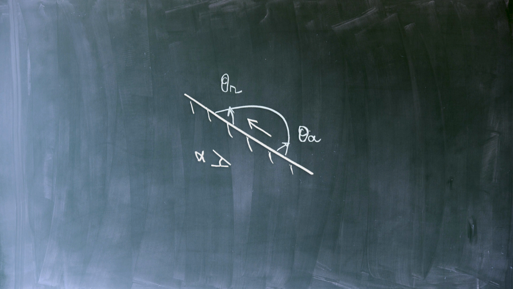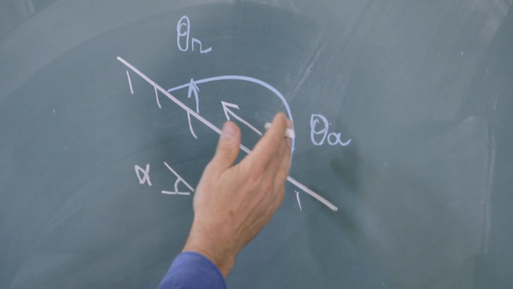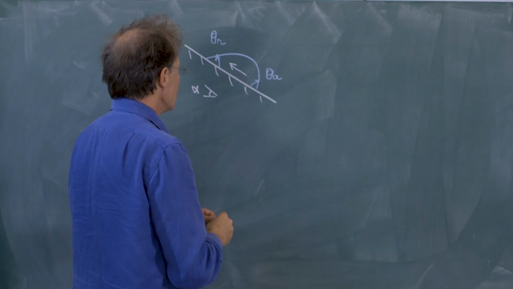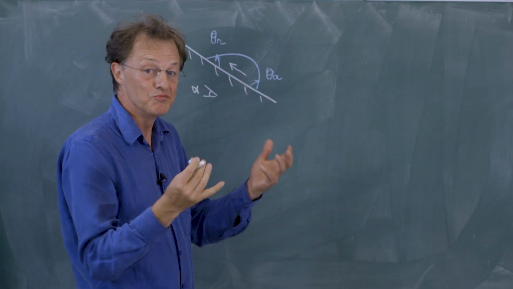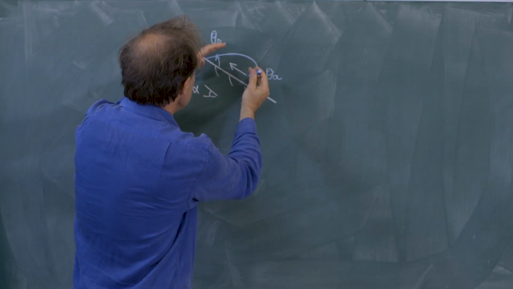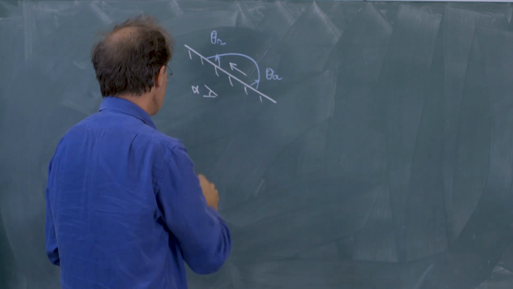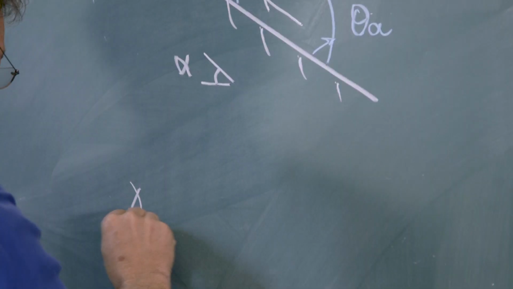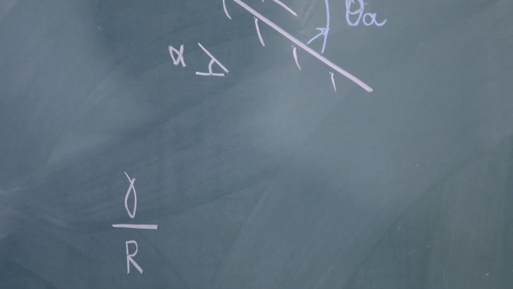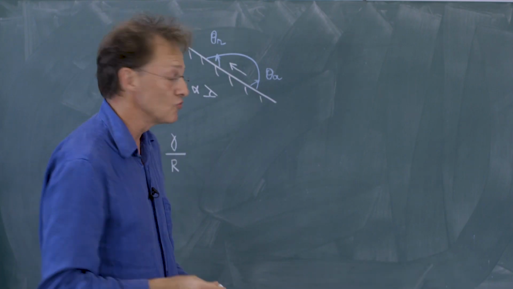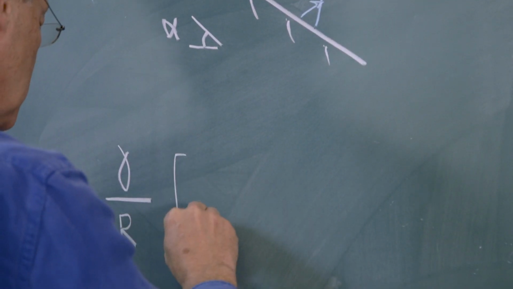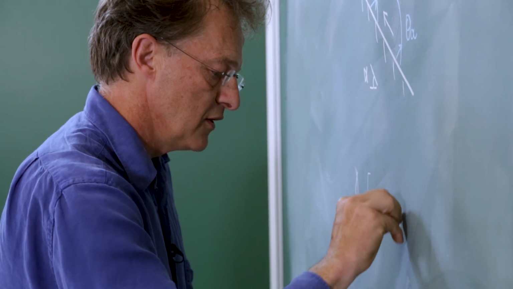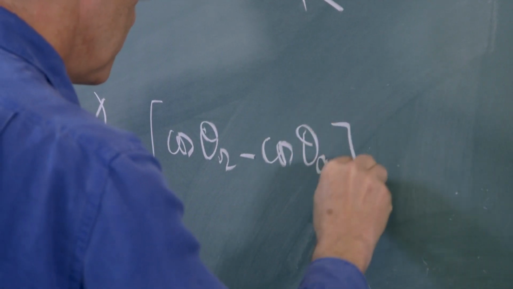Once we say that, we can express a typical difference in Laplace pressure between both edges. We consider a 2D system, or if you prefer, we consider the drop as if it were a ribbon perpendicular to the blackboard, in which case the difference of Laplace pressure can be expressed as surface tension divided by a typical size of the drop times the difference between the cosines of these extreme angles.